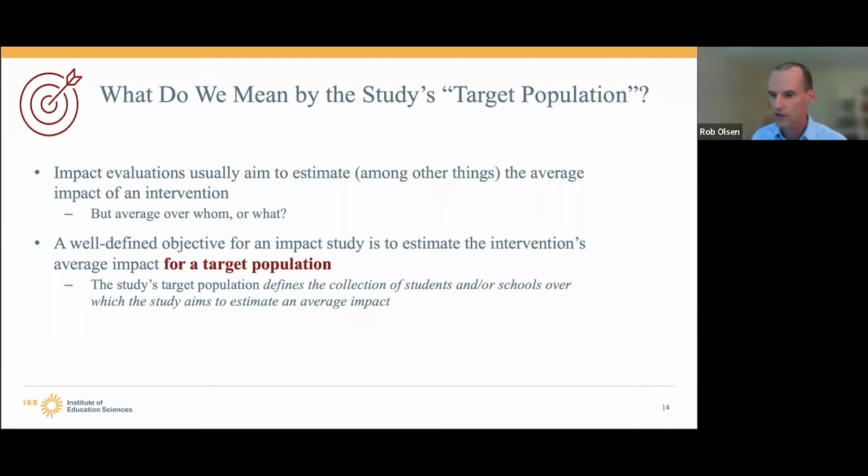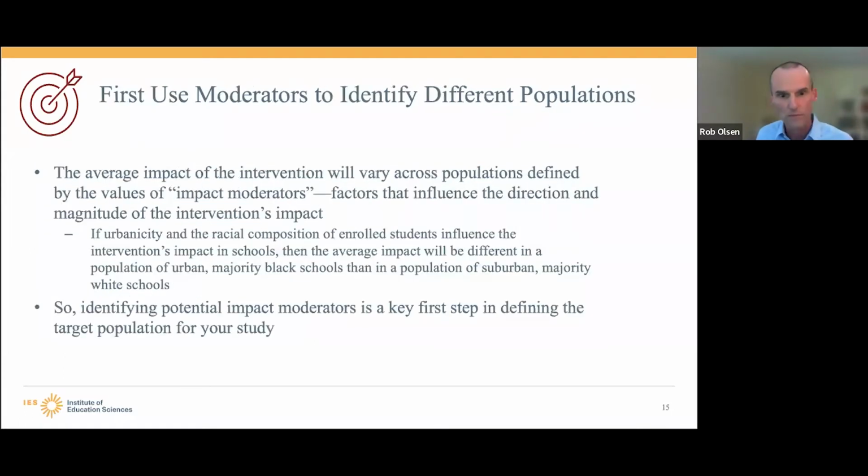Now, I want to address what the term population may convey to the average listener. It may convey a broad collection of students and schools nationwide, but that's not necessarily the case. A population for a study doesn't need to be broad. It just needs to be well-defined, and it should be relevant to the decision or decisions faced by that policymaker. And I'll talk more about that shortly.